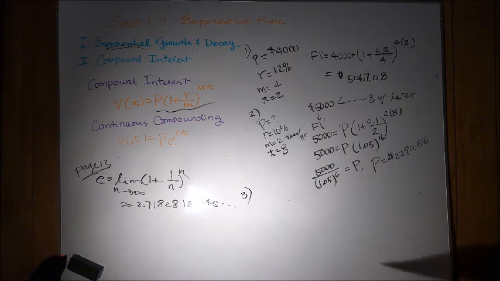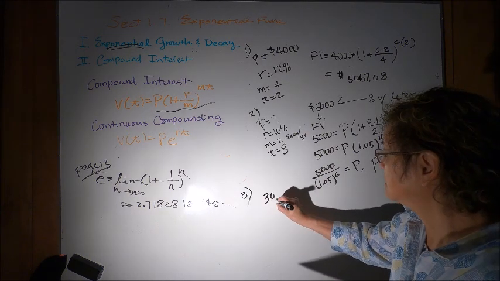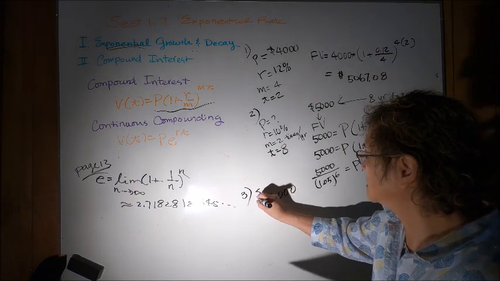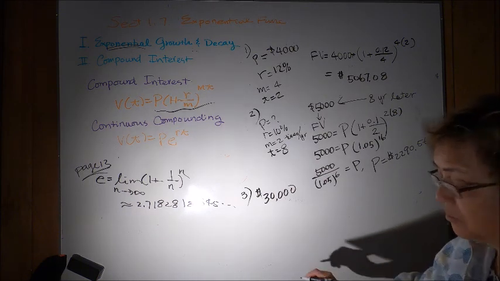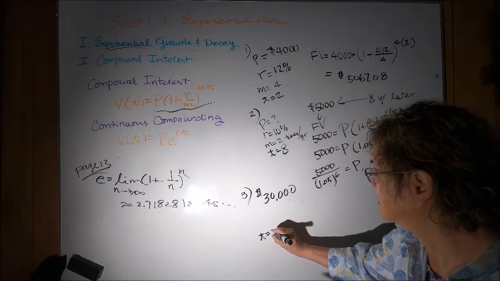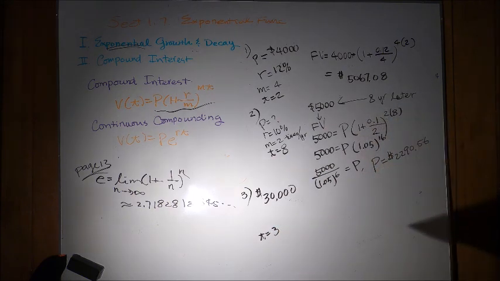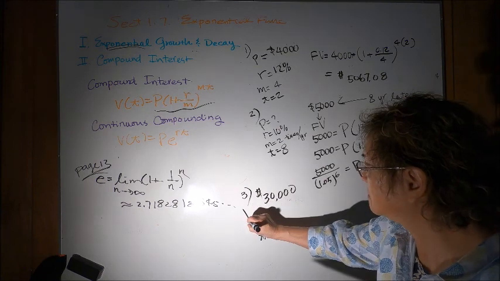So if there is a new car, $30,000, it depreciates in value by 40% each year. How much is it worth after 3 years? So what's your T? 3 years, right? What's your P?